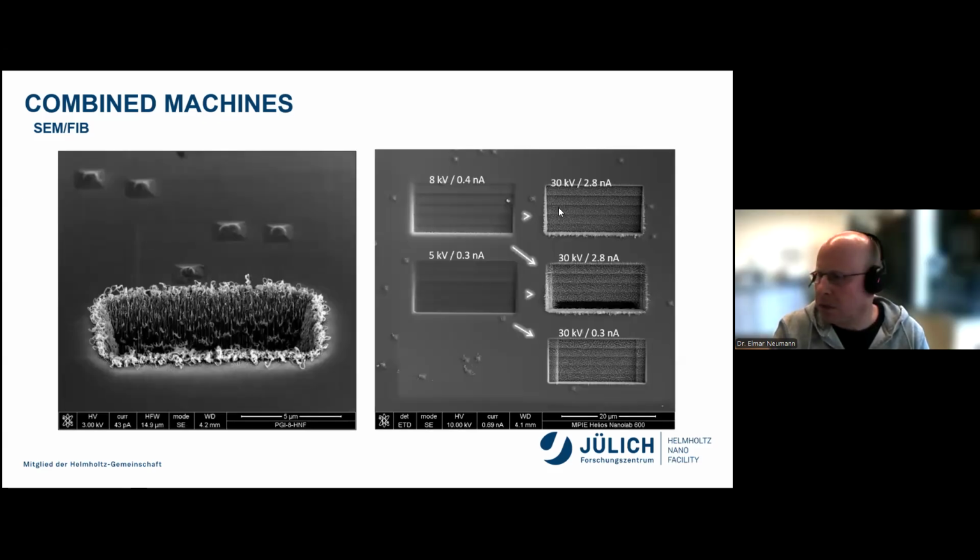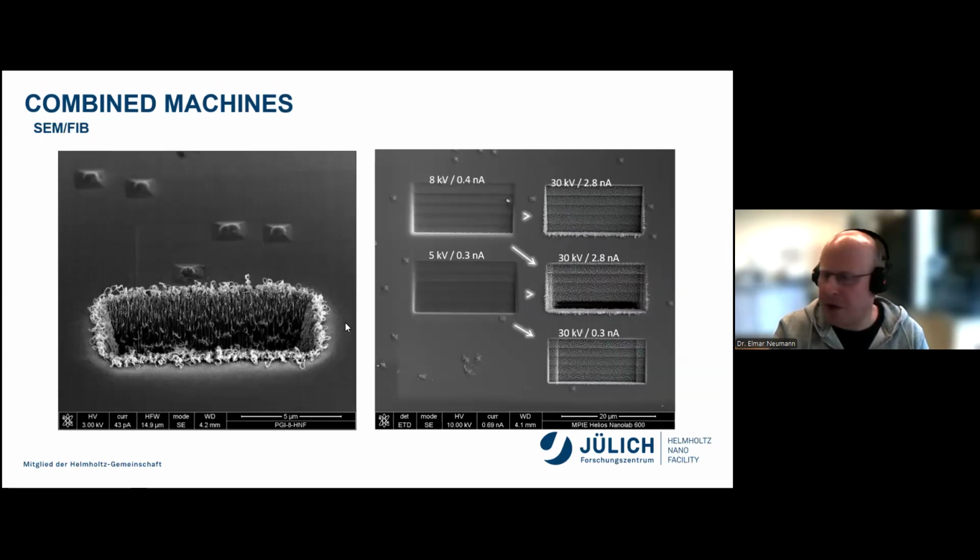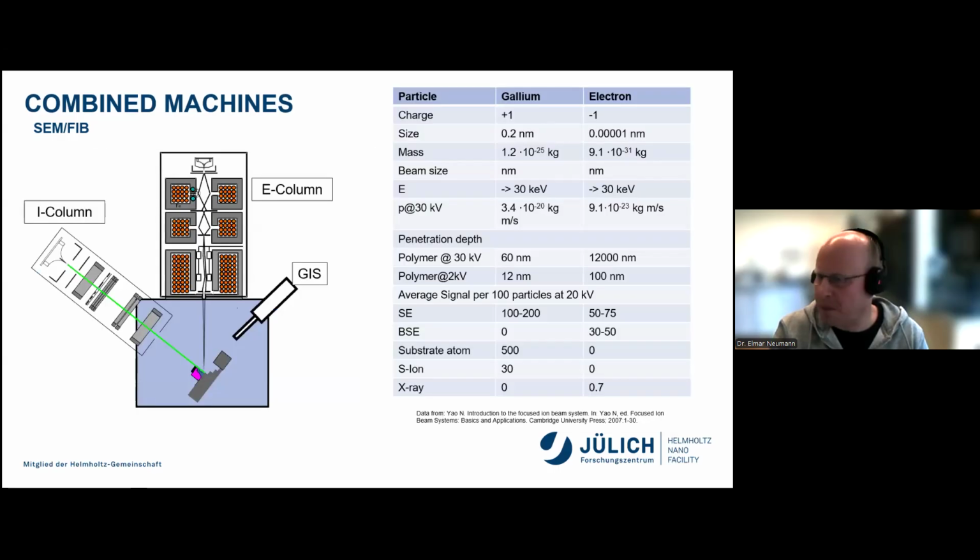So this is what can normally be done to a surface using gallium ions in this case. And what is also very important, what I will also talk about a little later, is this gas injection system. This is also vital for producing these kinds of images.